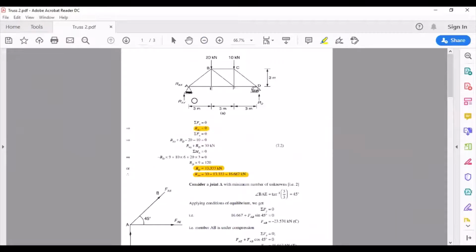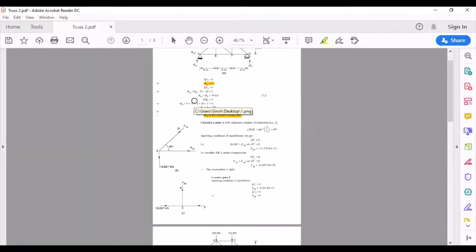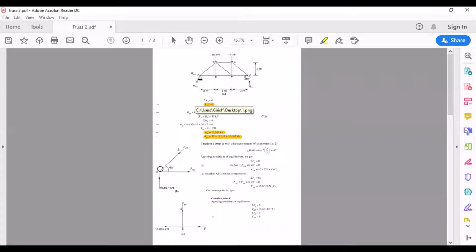So I think you can view both the diagram as well as joint A. Now see, in this joint A, there are two reactions with one horizontal and one inclined member. So which are the two members which are available? It is AE along with AB.